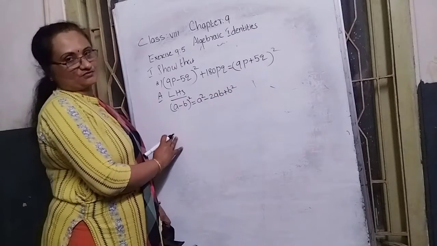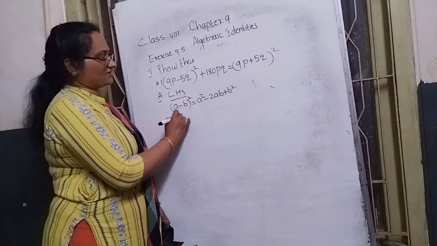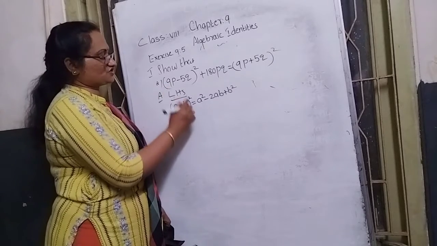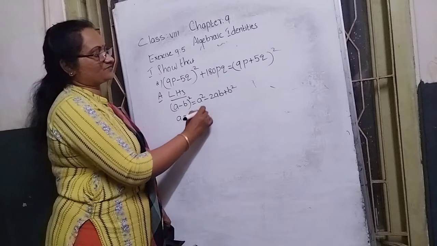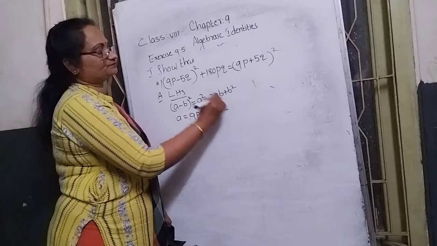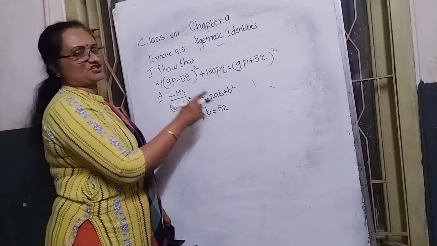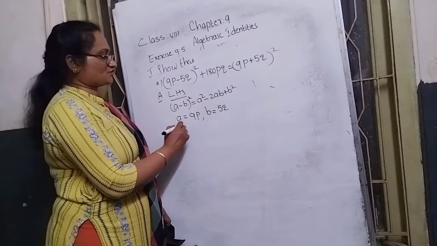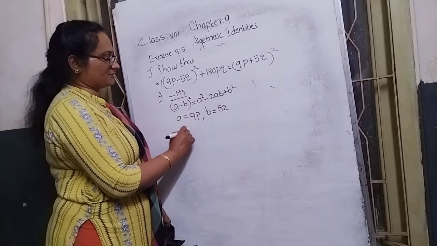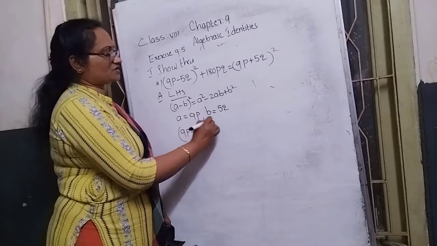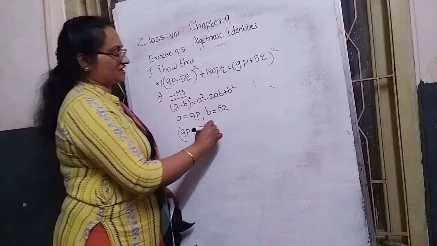From the bracket, a value is the first term, 9p. b value is the second term, 5q. In this expression, where a place 9p, b place 5q, so (9p minus 5q), bracket closed and outside whole square.